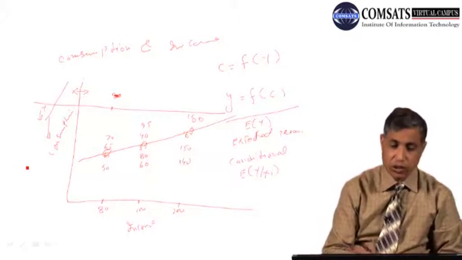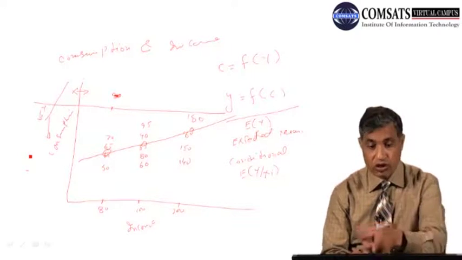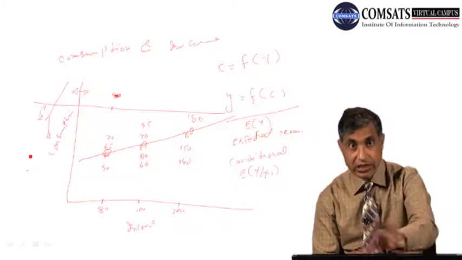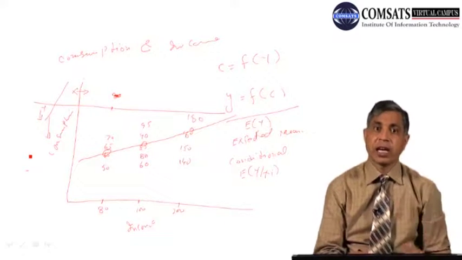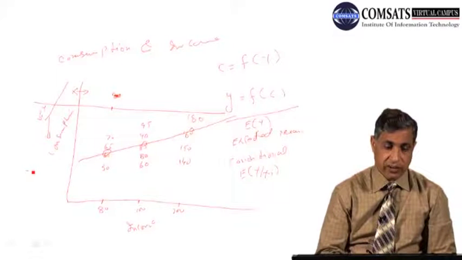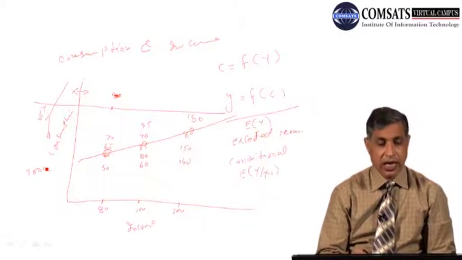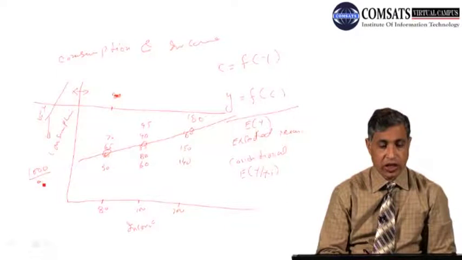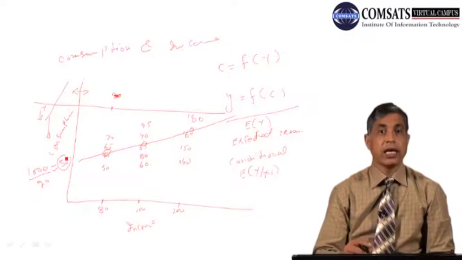For example, I am supposing, just do not concentrate on this, that the summation may be difficult, so I am supposing to save time. If it is, for example, 1000 and the number of families is 20, then the average consumption is 50.